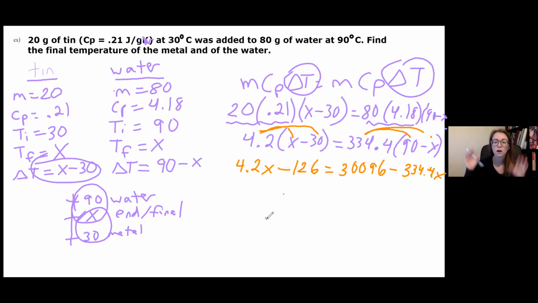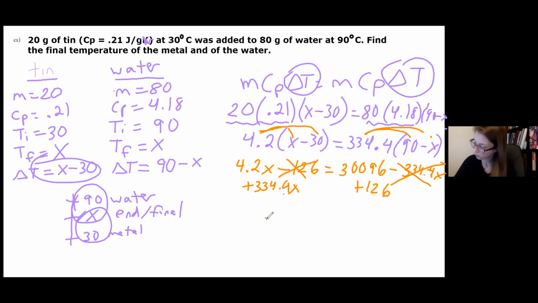Then we want to get our terms that have X on the same side and our terms that don't have X on the same side. So I'm going to add the 334.4X to this side, so it comes off of that side. And I'm going to add the 126 over here, so it comes off there. 4.2 plus 334.4, we now have 338.6X equals 30,096 plus 126.